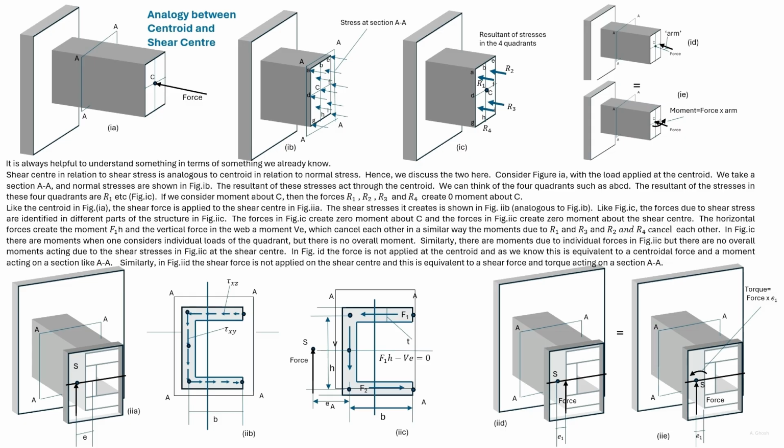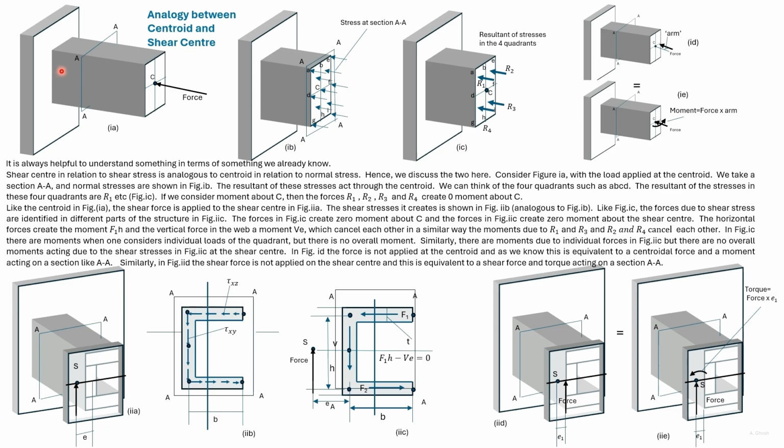The role of the shear center when shear force acts is similar to the role of the centroid when normal stresses act. So it is helpful to draw an analogy between centroid and shear center.